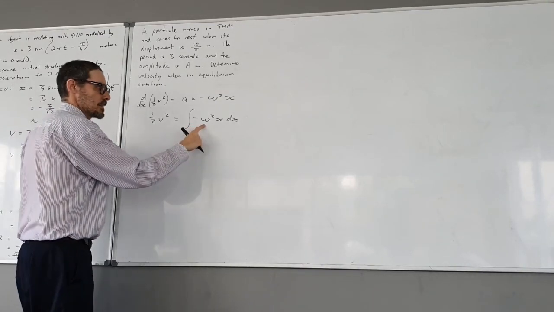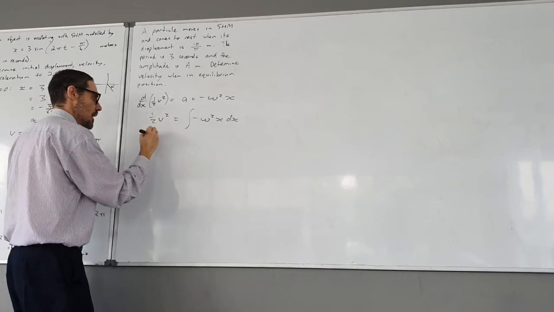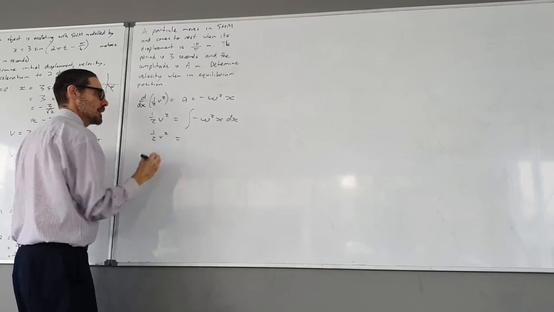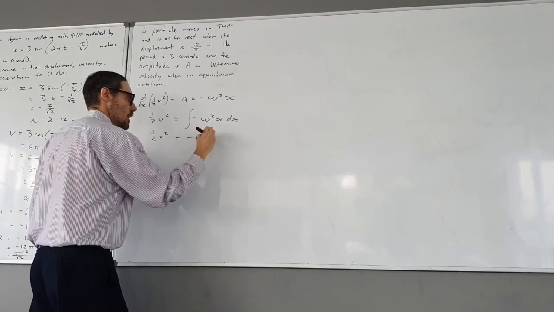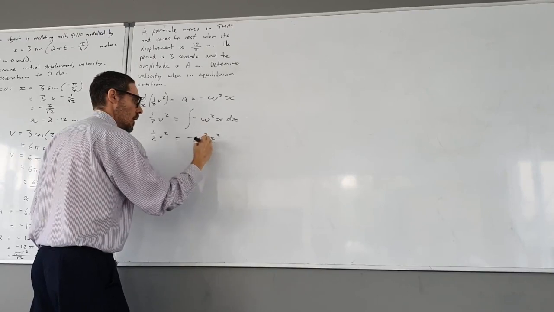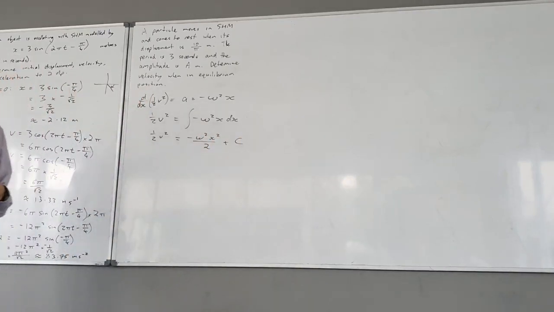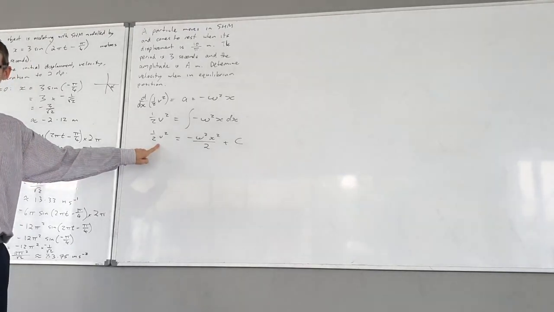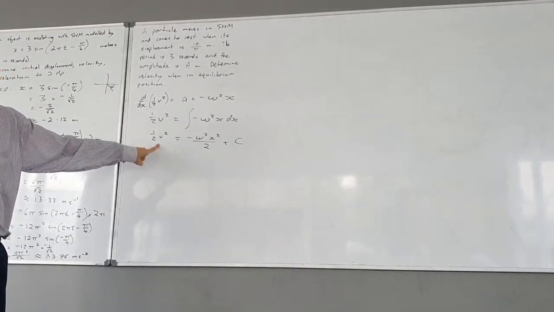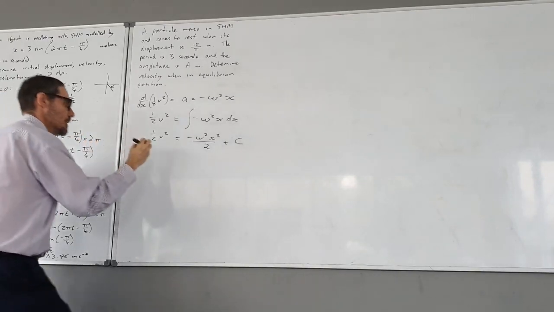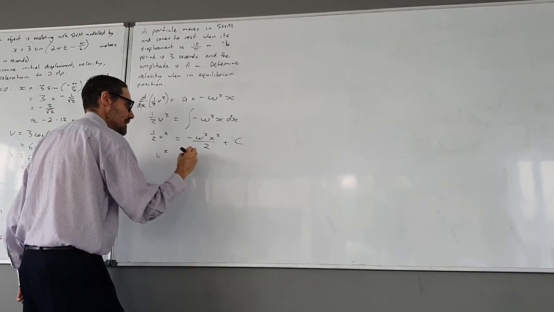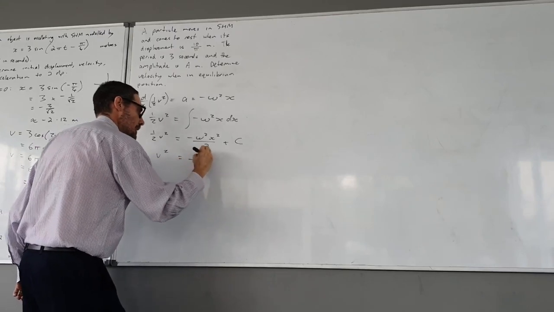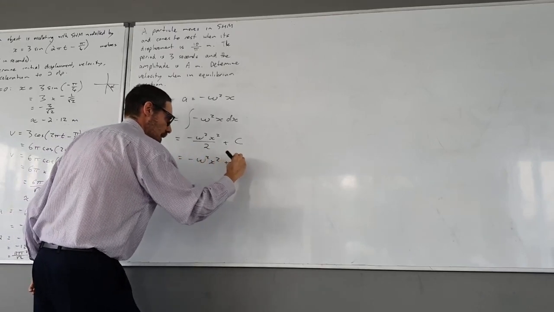Well, omega is a constant, so from this I'm going to end up with that formula. So, v squared is minus omega squared x squared plus some new constant.